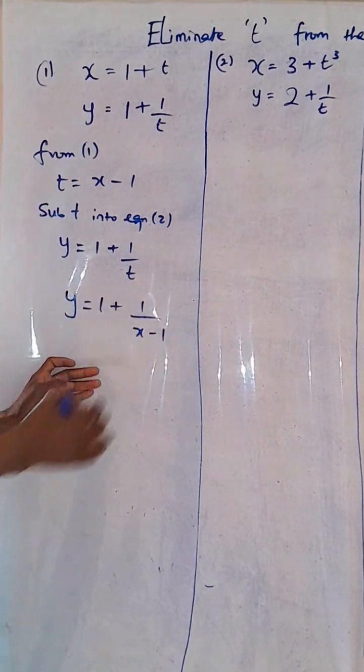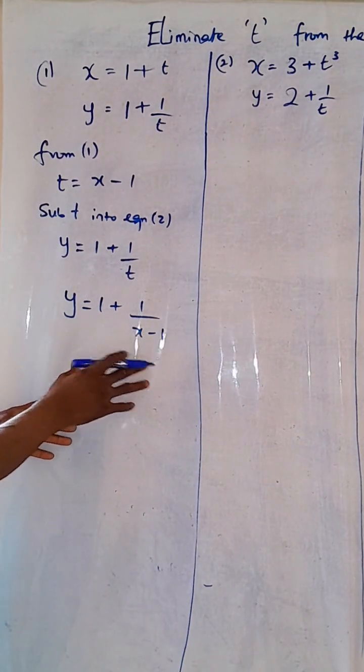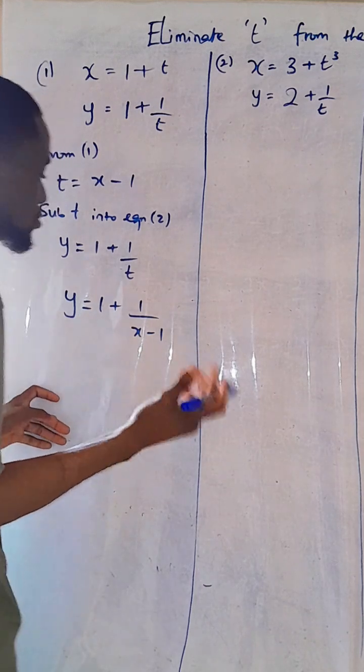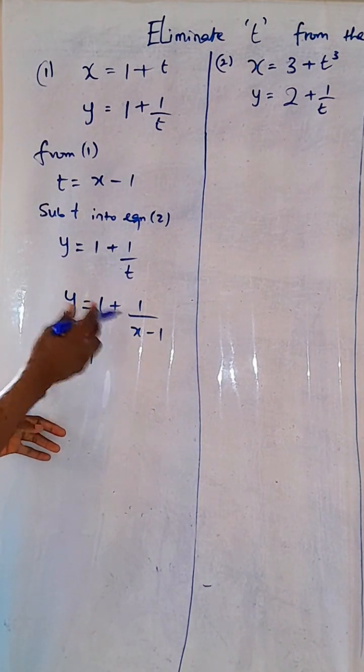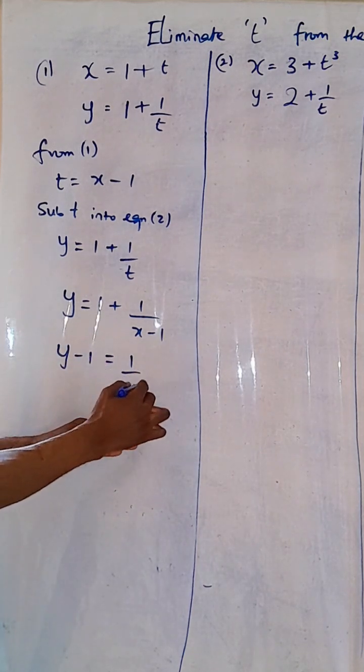At this point, there's no t in the equation again, so I can either stop here or arrange my answer in a proper way. So I can bring 1 to the left hand side. I have y minus 1 equals 1 over x minus 1.